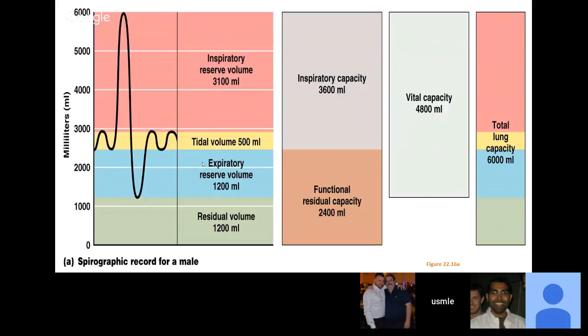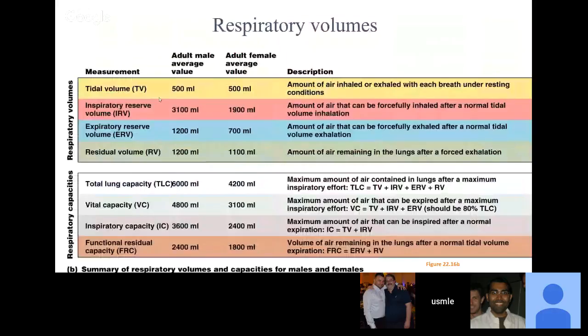Now, if you are someone that just memorized without understanding, well, you go back to this graph and you just memorize the terms and the definitions, and then you have the formulas that are going to be in here. Just remember that the capacity should be 80% of the total lung capacity. That is another way to think about it.